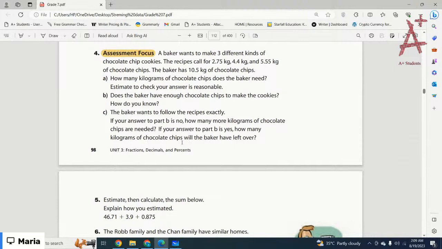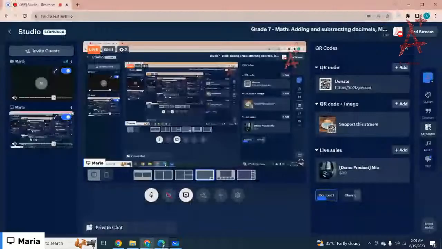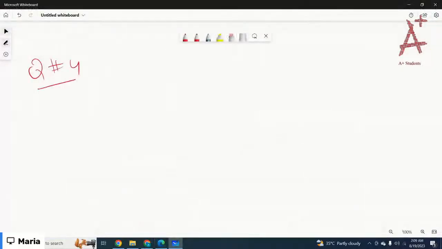Let's just add them: 2.75 plus 4.4 plus 5.55. 5 and 5 is 10, 0 carry 1, 5 and 4 is 9 and 1 is 10, 7 and 7 is 14... so 0 carry 1, then 2 and 4 is 6, and 5 is 11, and 1 is 12.